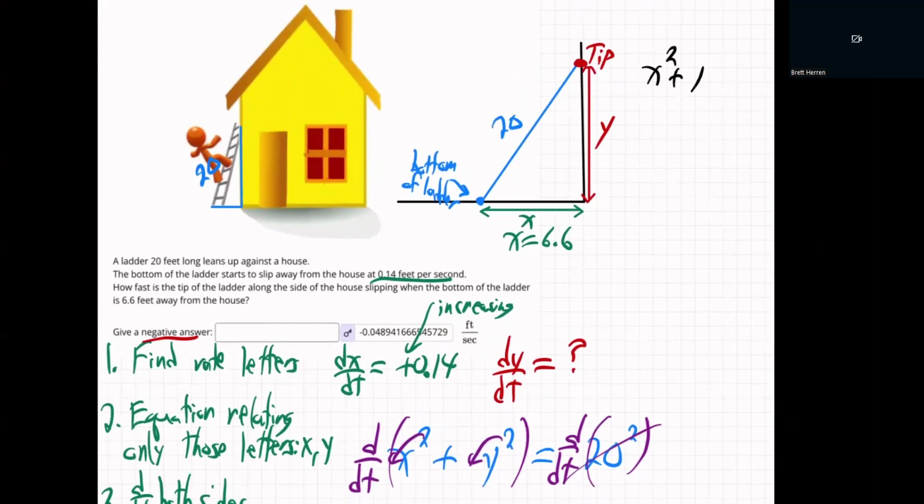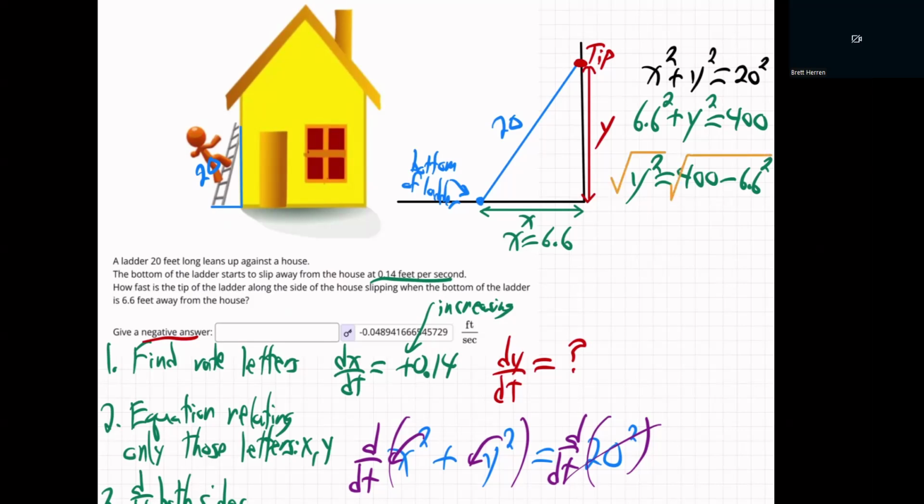Because again, x squared plus y squared is 20 squared. So that means 6.6 squared plus y squared is 400. Then y squared is 400 minus 6.6 squared, and we can square root both sides.